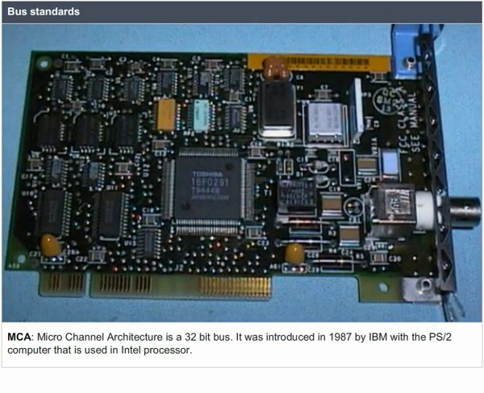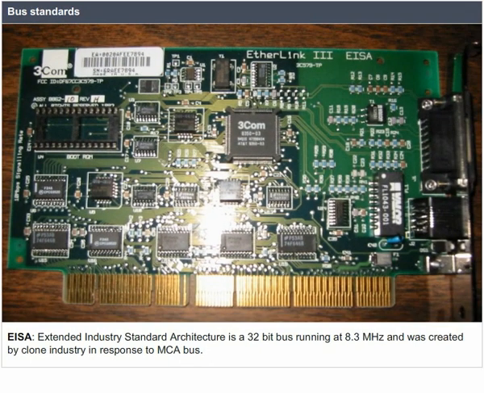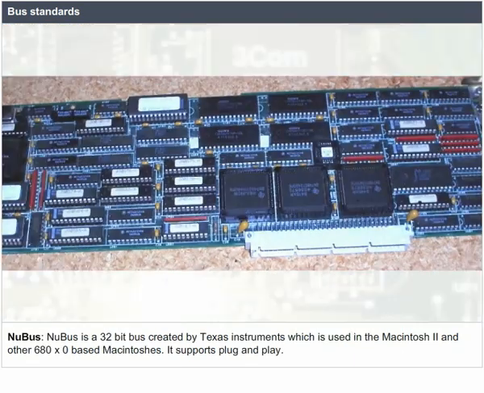MCA, Micro Channel Architecture, is a 32-bit bus. It was introduced in 1987 by IBM with the PS2 computer that is used in Intel processors. EISA, Extended Industry Standard Architecture, is a 32-bit bus running at 8.3 MHz and was created by the clone industry in response to the MCA bus.